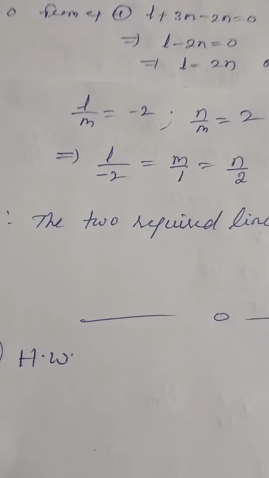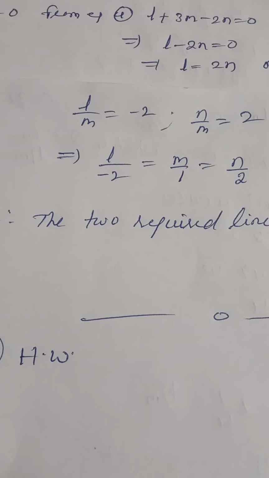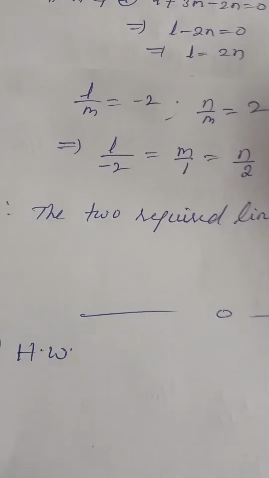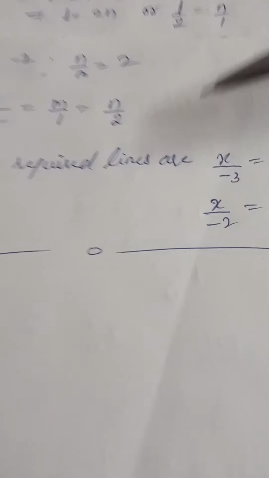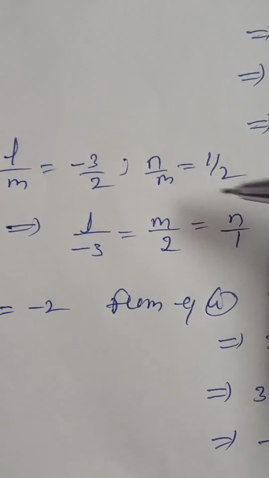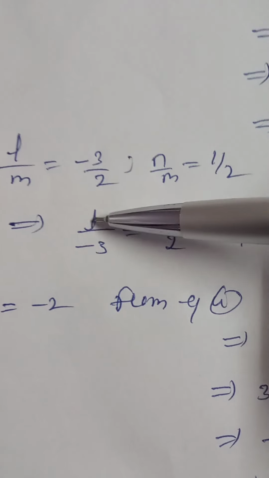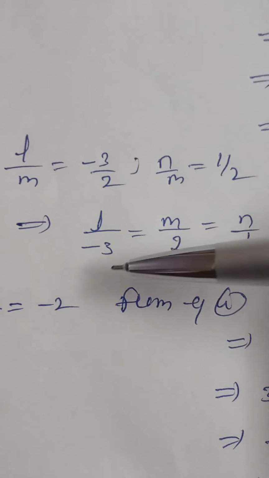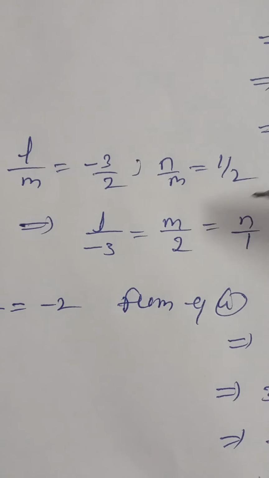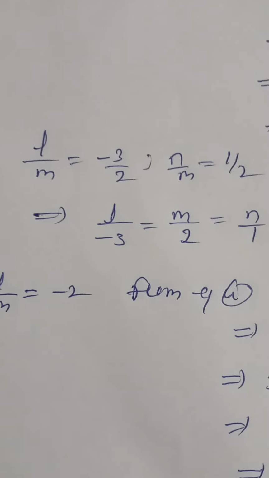Therefore, the l, m, n are replaced by x, y and z. Therefore, the two required lines are, in the first group, these l, m, n replaced by x, y and z: x by minus 3, y by 2 is equal to z by 1.